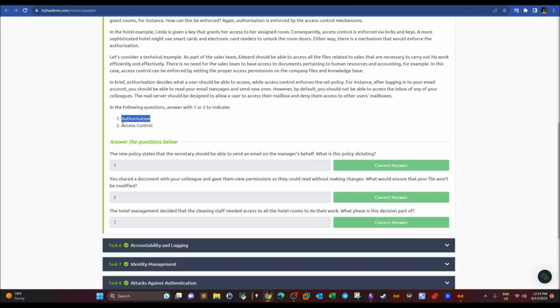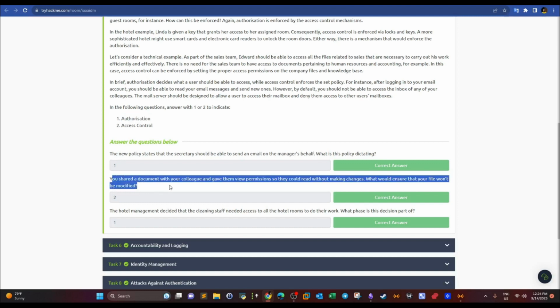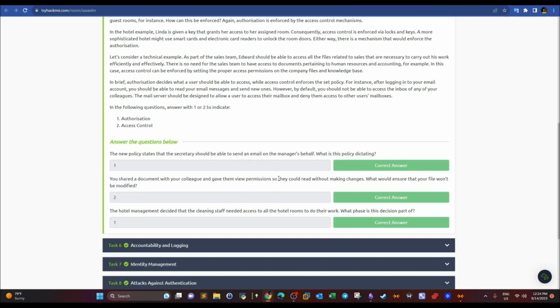This is an example. You shared a document with your colleague and gave them view permissions, so they could read without making changes. What would ensure that your file won't be modified? Now here you authorized your colleague to access your file and only read it. Okay, now this is access control.